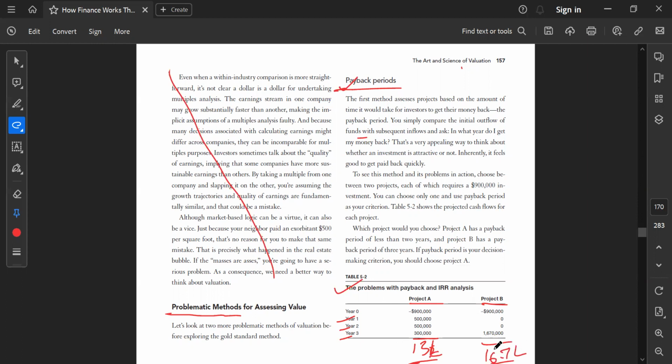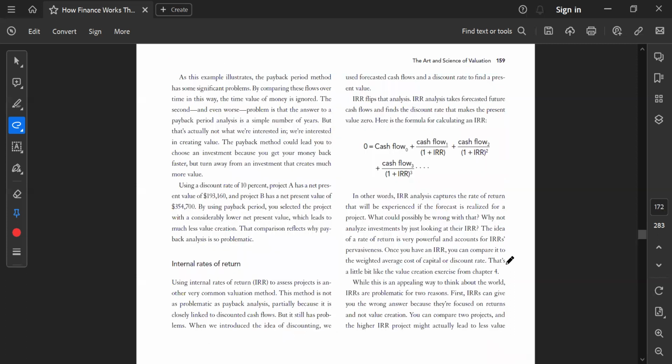Okay, so of course the third project is more beneficial to me, but if we do the payback analysis, then we will find project A to be more viable than project B.